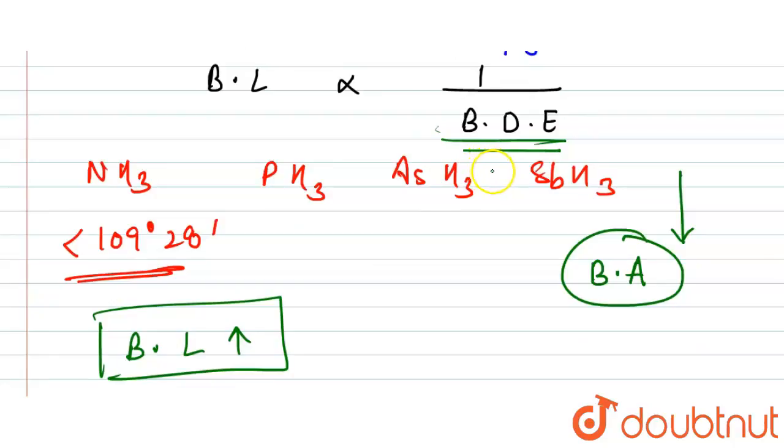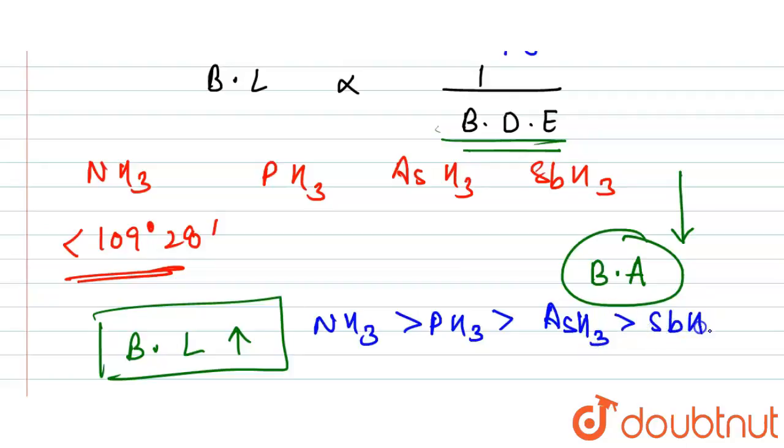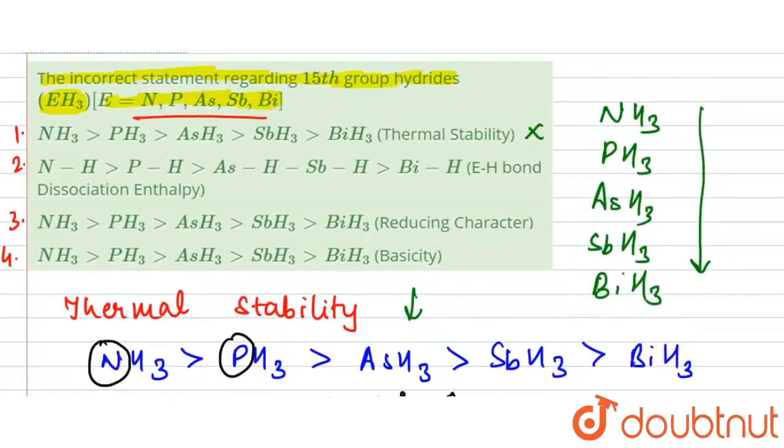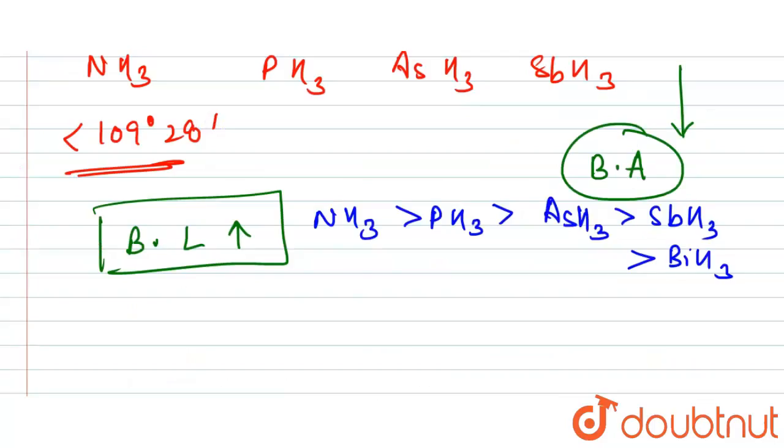So the order will be NH3, PH3, AsH3, SbH3 and then BiH3. So this is correct, and it will not be our answer, because NH3 will require the maximum energy to break its bond due to its small size, since it forms a stable covalent bond with the hydrogen.